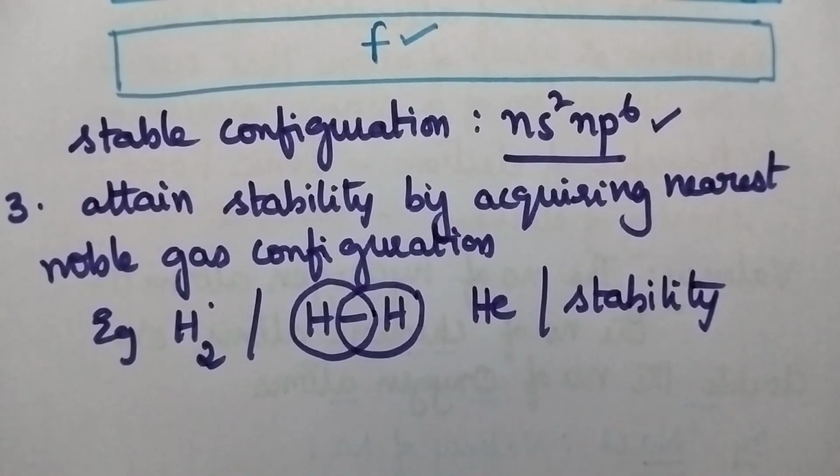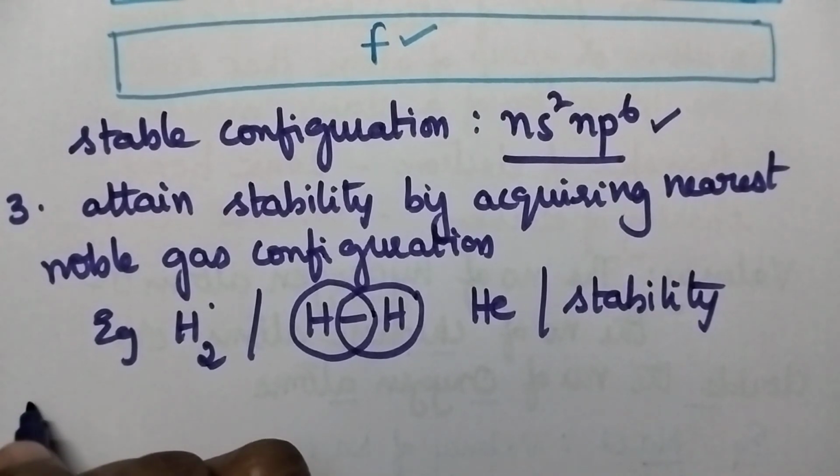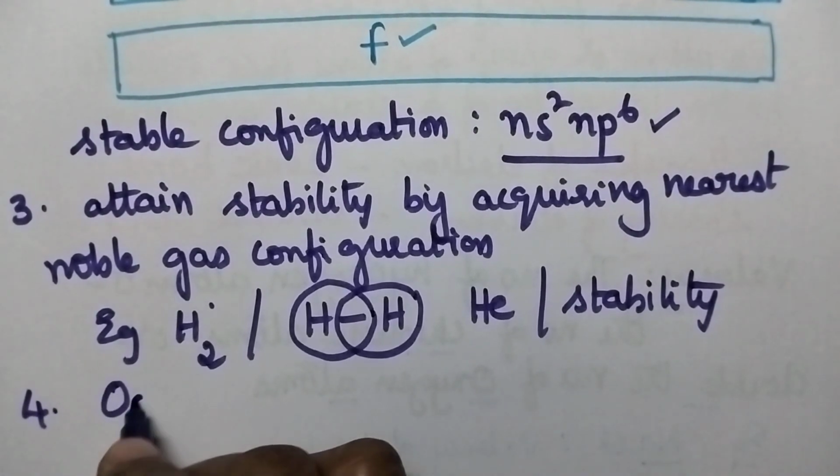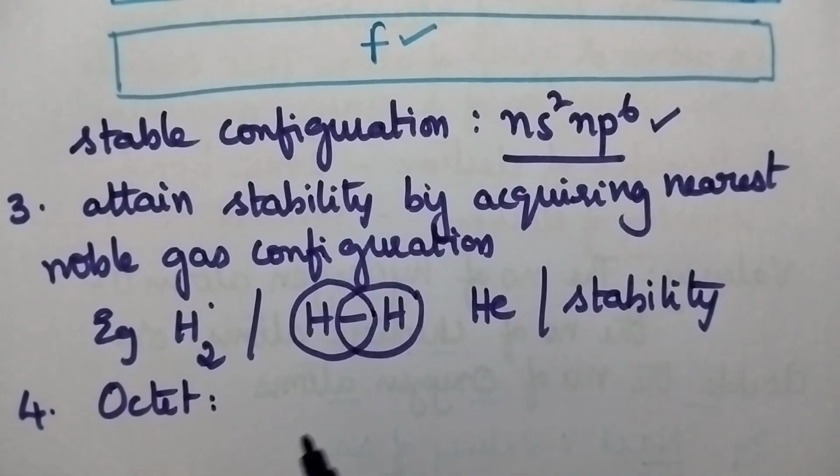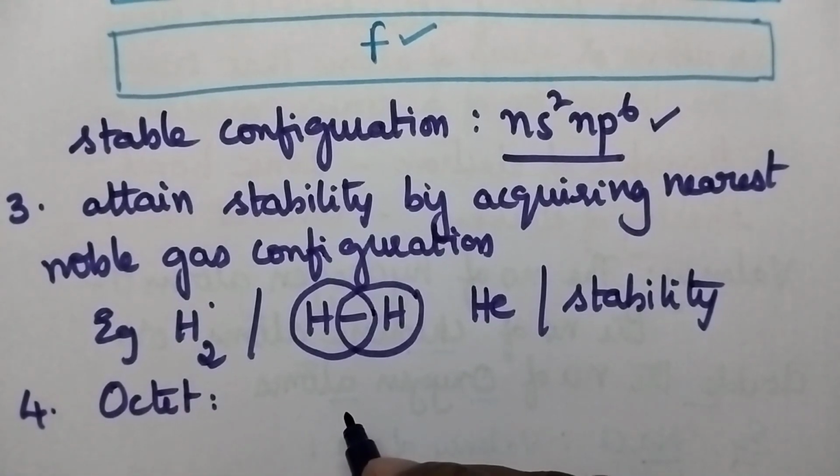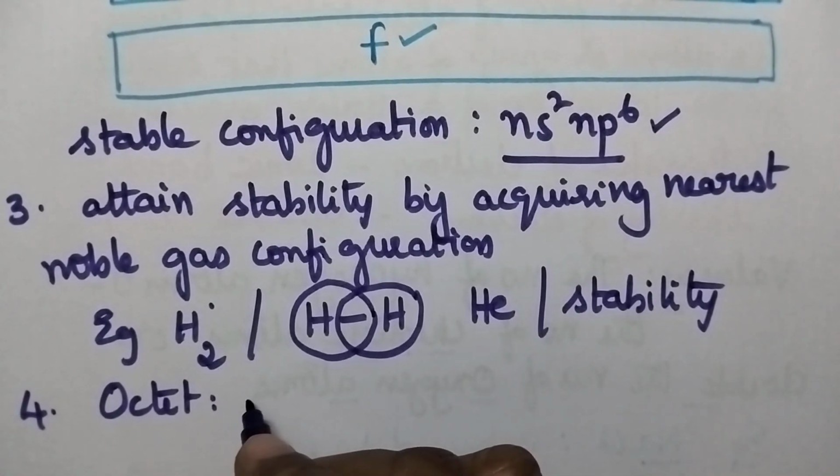So why are these inert gases stable? Because of the octet configuration. Whenever we consider inert gas elements, they contain the octet configuration. What is meant by the octet rule?